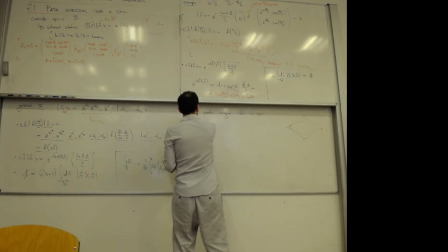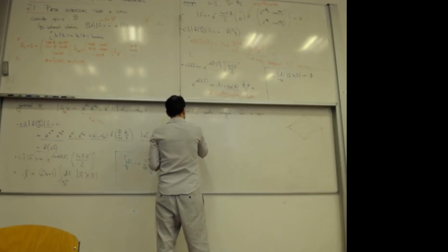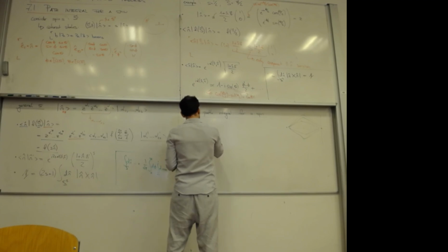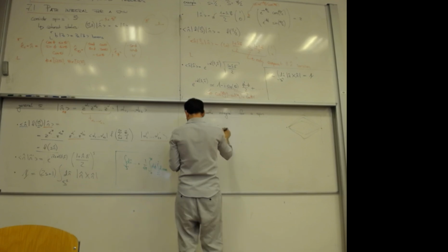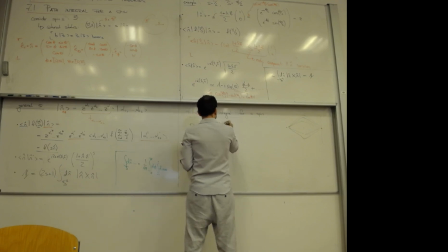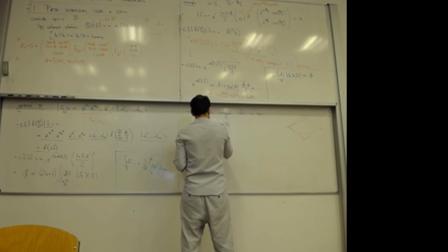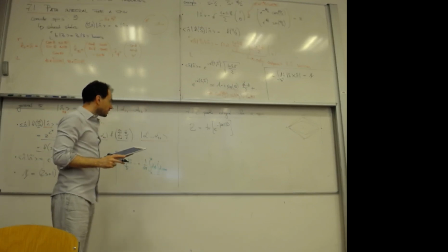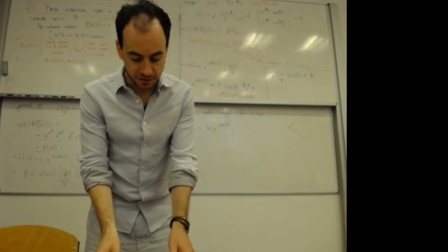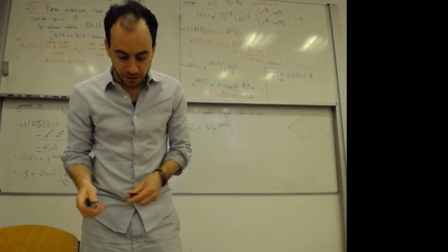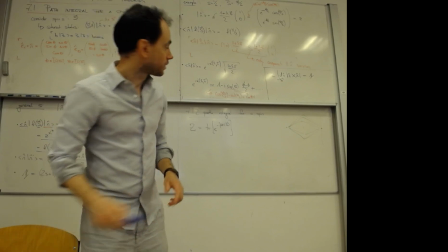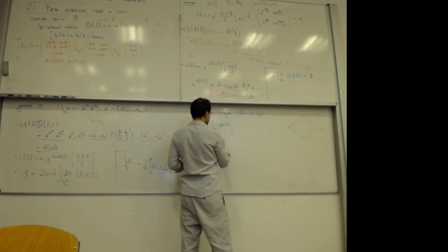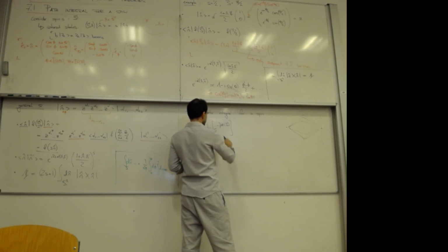So what we're doing is we're looking at the partition sum, which is the trace of e to the minus beta times some Hamiltonian of s. And again, if you've never seen this, it's good to do the exercise. What we have here is this beta, and we're going to split this into slices.